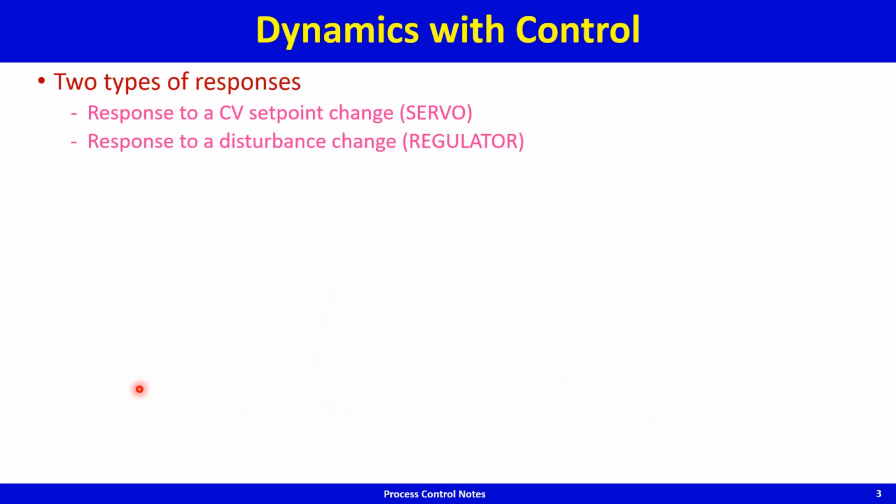So there are two types of responses that you're interested in for systems with a control system. Response to a set point change is also known as the servo response. The response of the controlled variable to a change in the disturbance is called the regulator response.